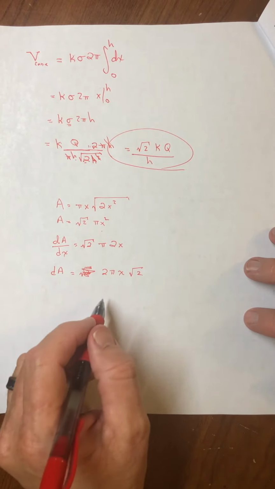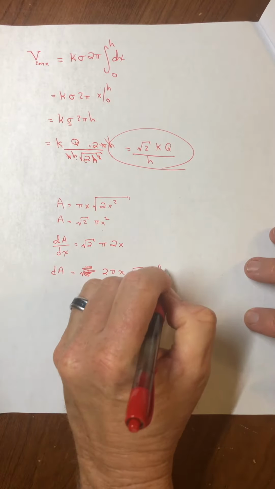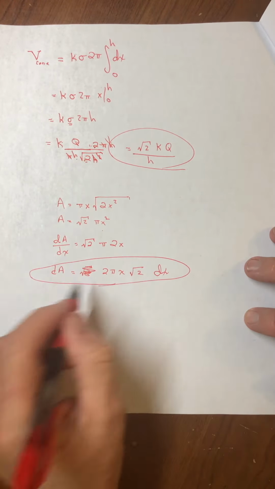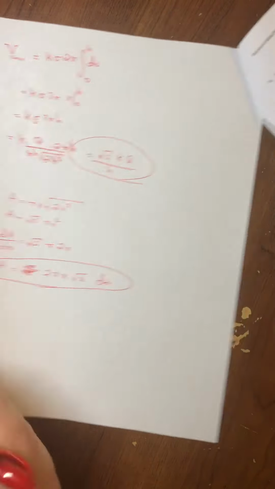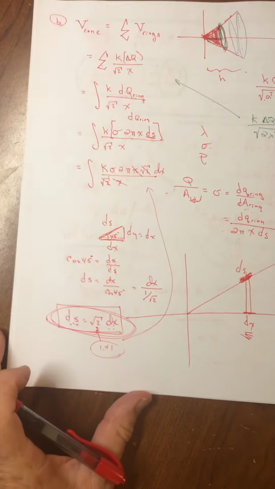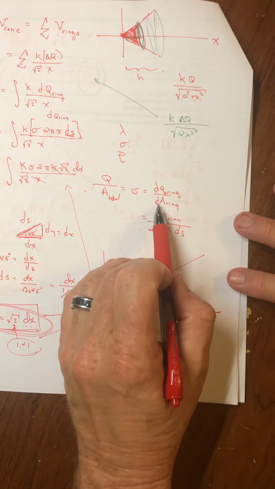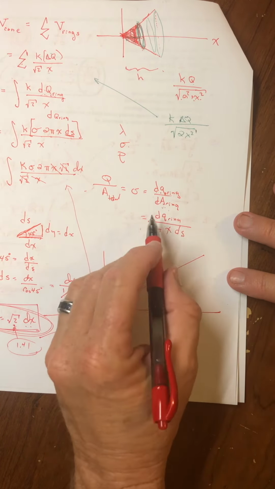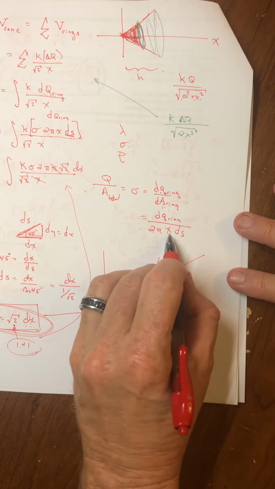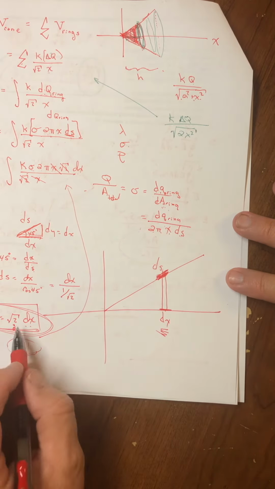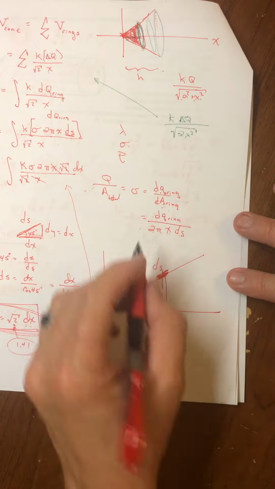And the reason that could have been mathematically helpful, that's essentially what I did here in this picture. I said a little bit of area, and I put 2 pi x, and I had a ds, but later on we said that that was the square root.